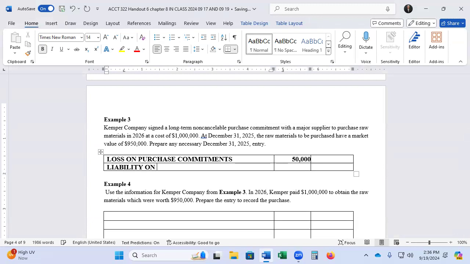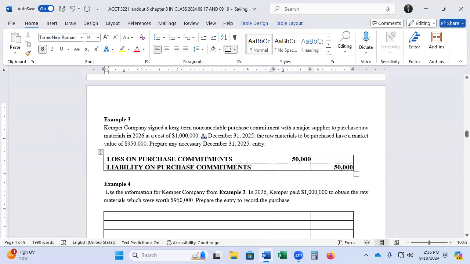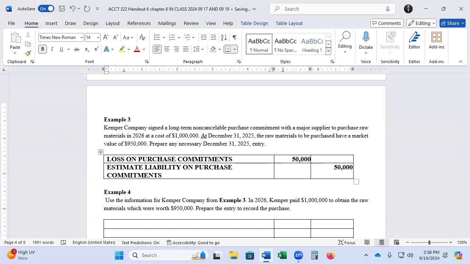Liability on purchase commitments. It looks like in some of them, they call this estimated liability. So you may see it as estimated liability on purchase commitment, or you just may see liability on purchase commitments.